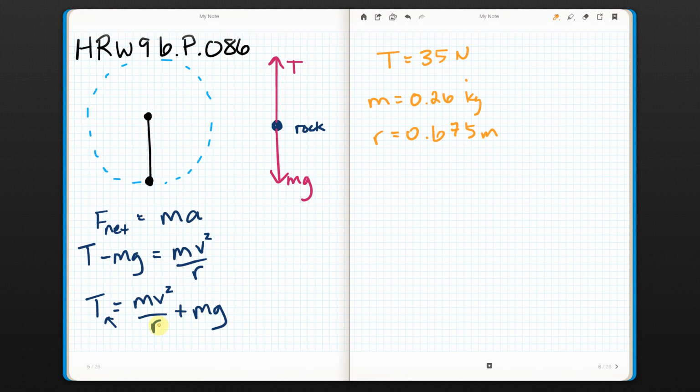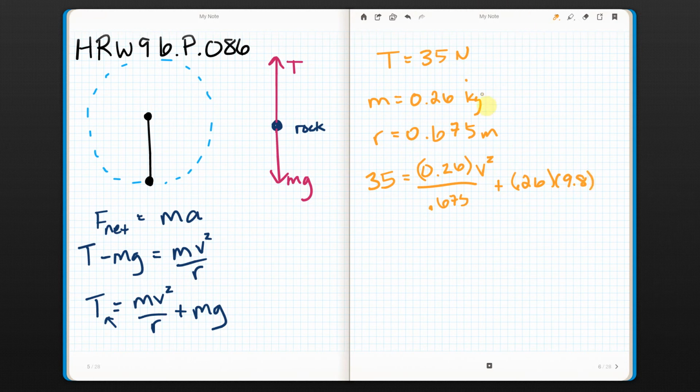T can't be any more than 35, so I've got 35 equals mass times v squared over r, plus mass times gravity.